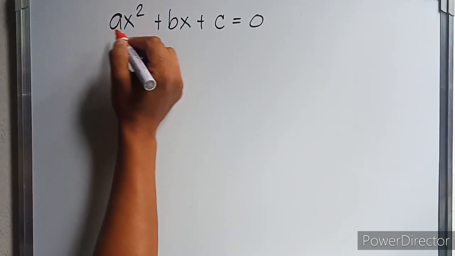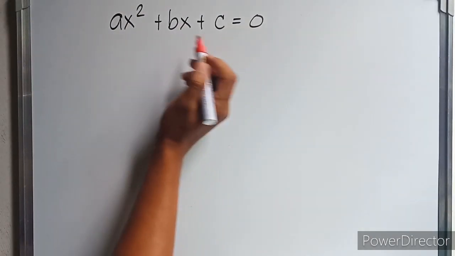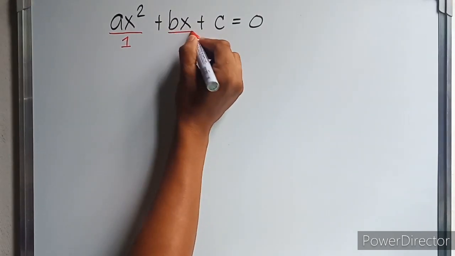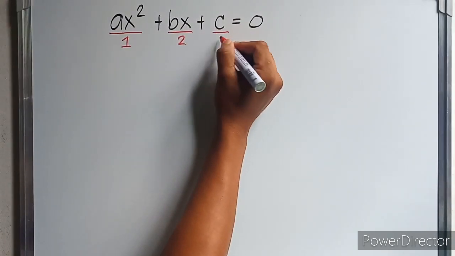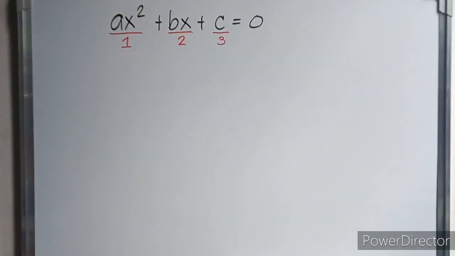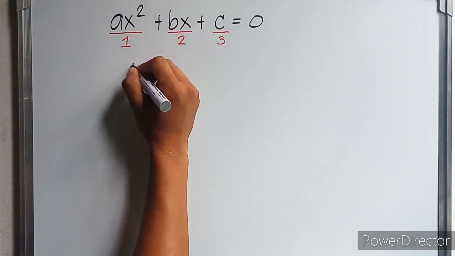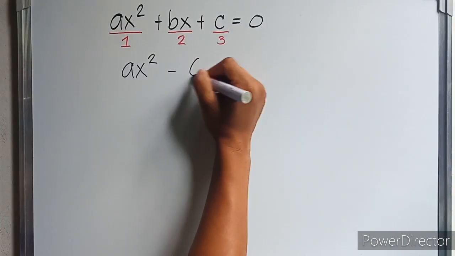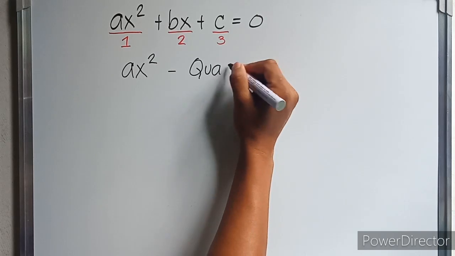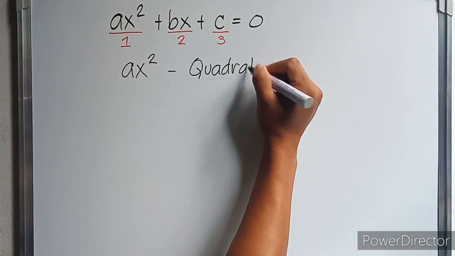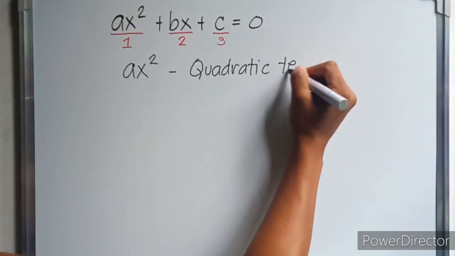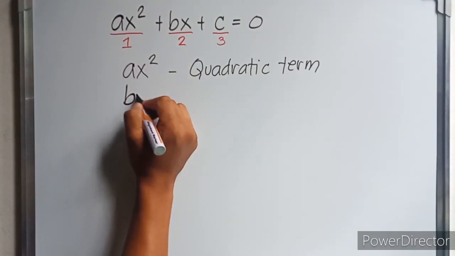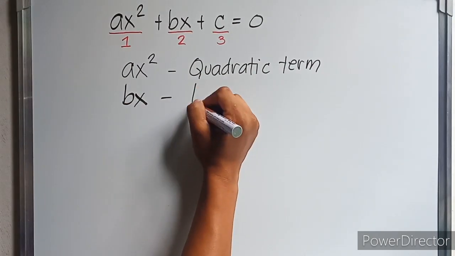In our standard form, ax squared plus bx plus c, we have 3 terms. This is the first term, second term, and our third term. Our first term, ax squared, is called the quadratic term. Our second term, bx, is called the linear term.